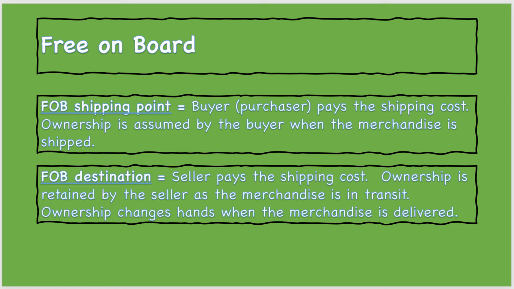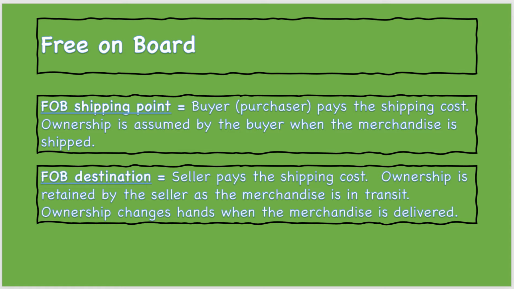Target buys merchandise from Revlon so they could turn around and sell it. Revlon says, okay, we'll sell you X amount of lipstick and makeup and rouge and whatever else. We're going to ship it to you, but this order is going to be FOB shipping point. That means that Target, since they are the buyer, they have to pay for the shipping cost. And Target assumes ownership of that merchandise as soon as Revlon ships it.